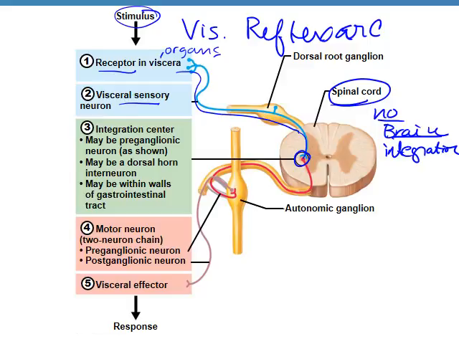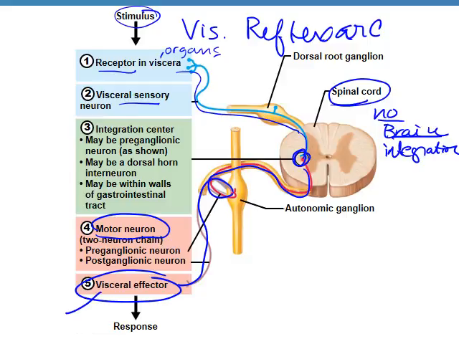This is an automatic, stereotyped reflex response. So the sensory information comes in, it synapses in the spinal cord, and we have another neuron that's going to carry out some sort of motor action to a particular organ or effector, and you're going to get a response.